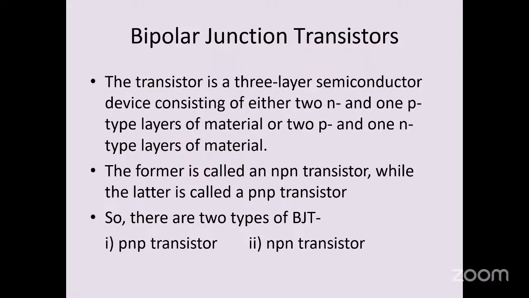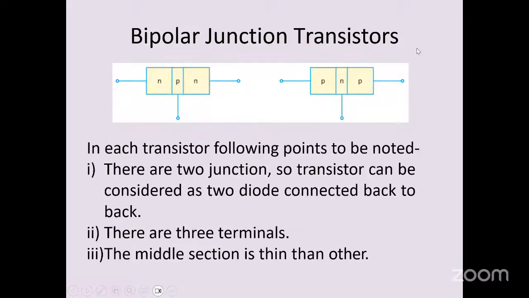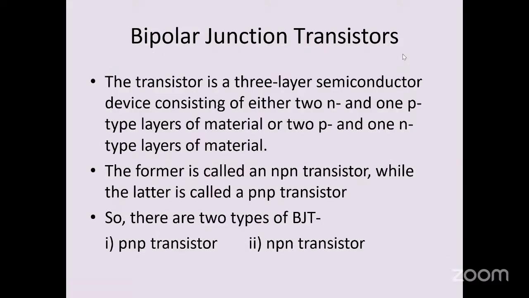What do you mean by transistor? Trans plus isters: transmitting the signal using the resistors from one place to another. So the transistor types are BJTs, bipolar junction transistors.